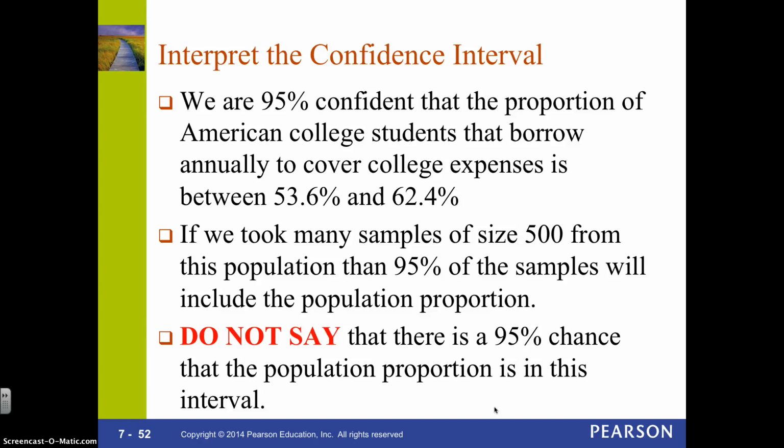So do I know that my interval includes the population proportion? I don't really know. All I can do is say that I'm 95% confident that it does. But don't say there's a 95% chance that the population proportion is in this interval. I'm just saying that this is an interval I calculated, and I'm 95% confident in the process that I did.